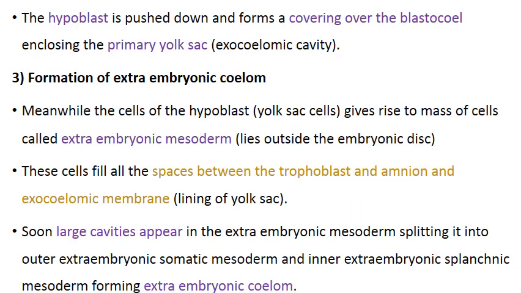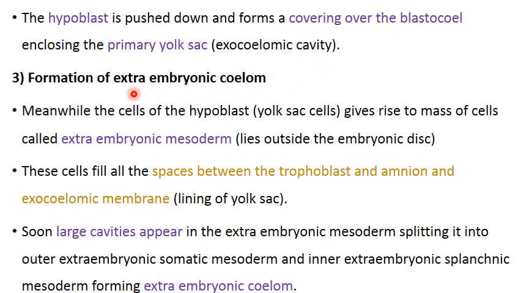Now coming to the primary yolk sac. So the hypoblast is pushed down and it's going to form a covering over the blastocele, and that cavity that it is going to enclose is called the primitive yolk sac or the primary yolk sac, or also the exocoelomic cavity, because it's outside the embryonic disc.